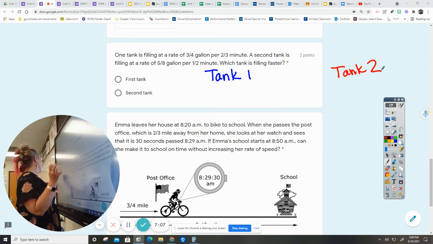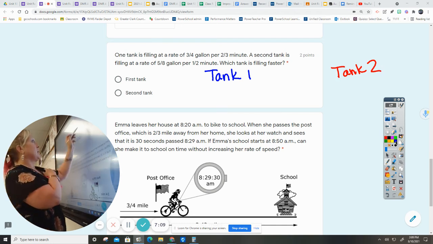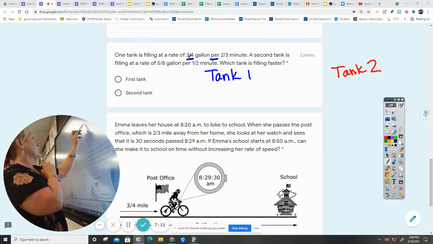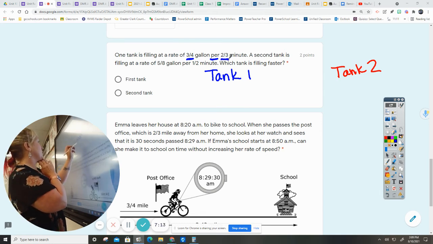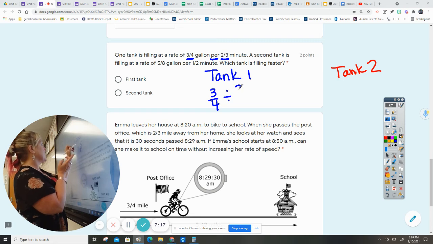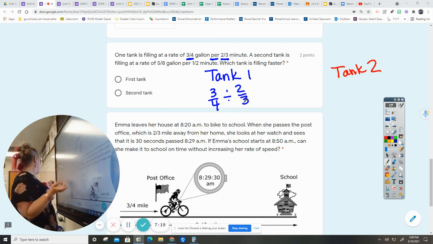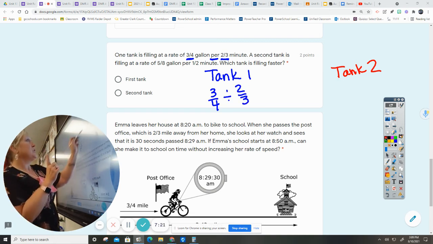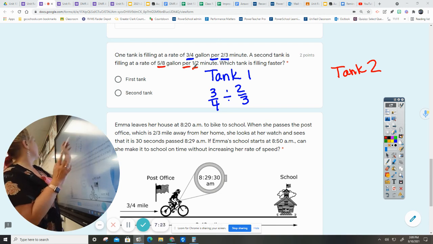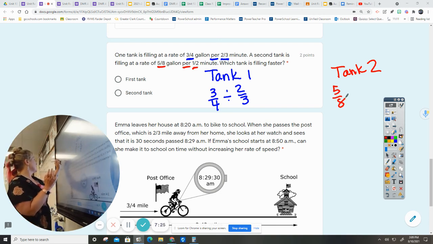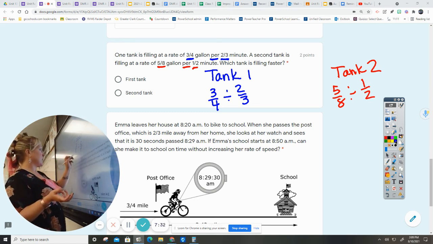I love that it is giving it to me in a per. So 3/4 per means divide, 2/3 for tank 1. For tank 2, 5/8 divided by 1/2. Now that I've got the information, I'm going to go ahead and just solve.